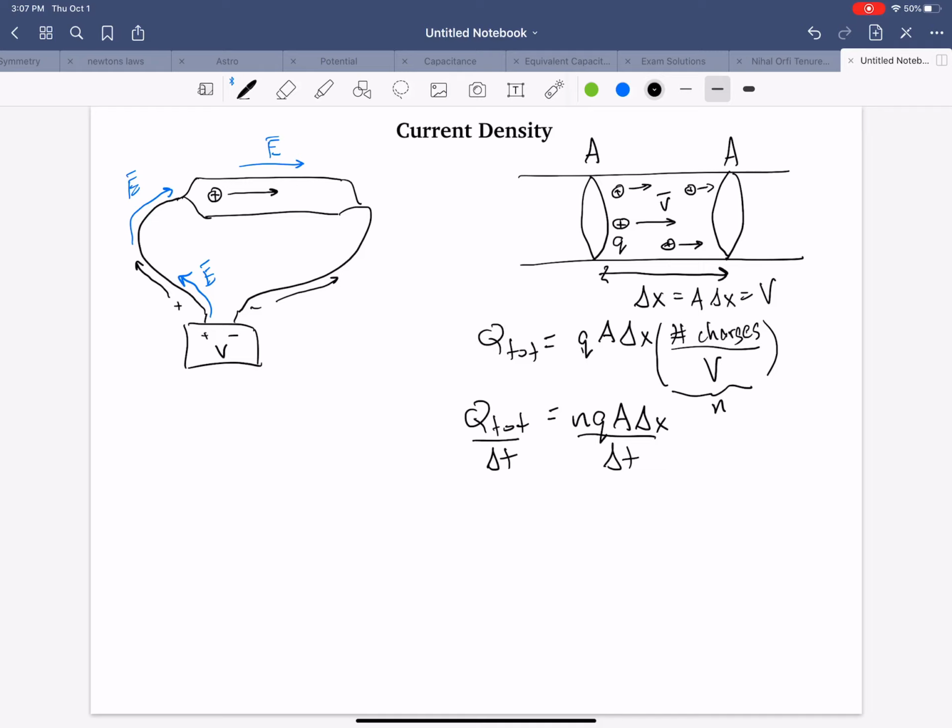So Q over delta T, that's a current, charge per time. On the right side of this equation, which of these numerator variables are changing in time? Is it the number density, the number of charges in that volume in a given time? Well, for a steady current, if it's not varying in time, the number of charges is pretty constant.